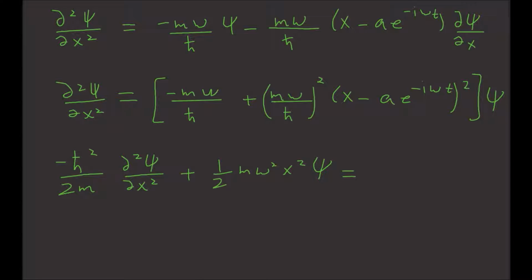So if we plug the second derivative here, after some simplifications, we get 1/2 h bar omega minus 1/2 m omega squared times x squared minus 2a x e to the minus omega t plus a squared e to the minus 2 omega t.